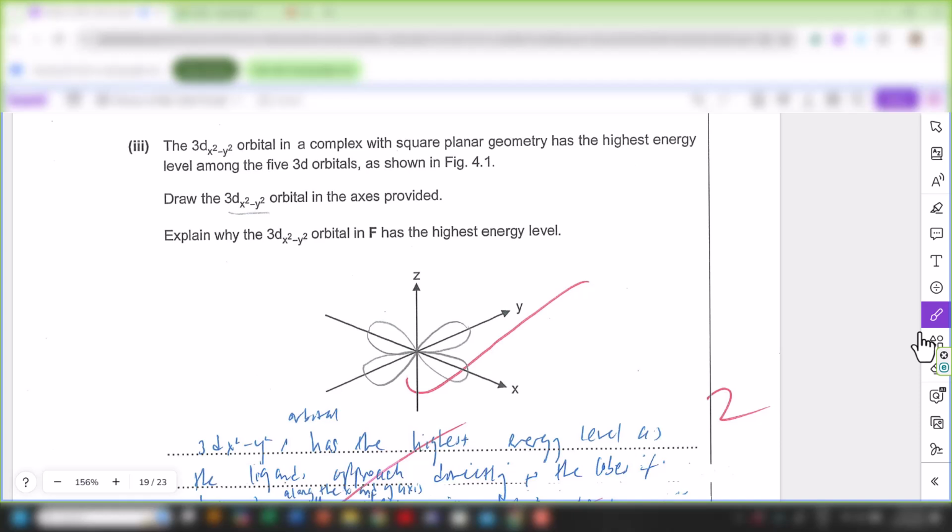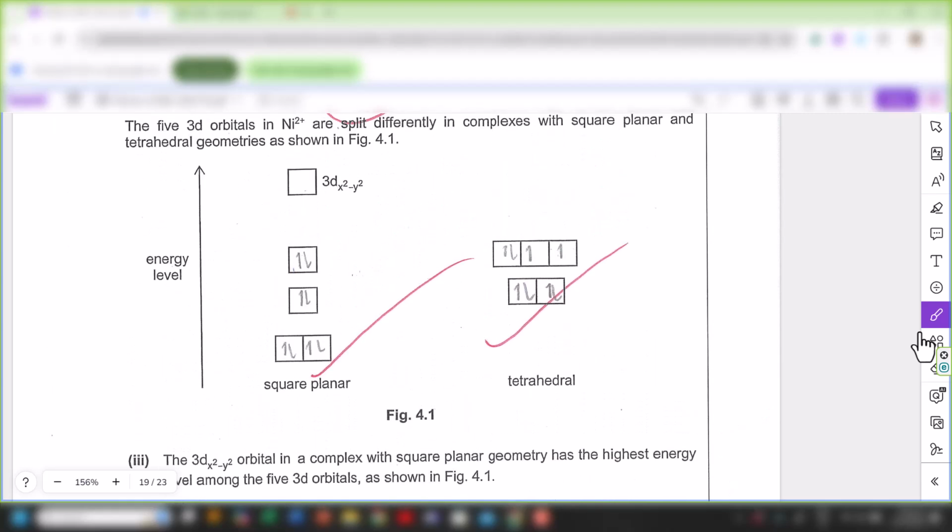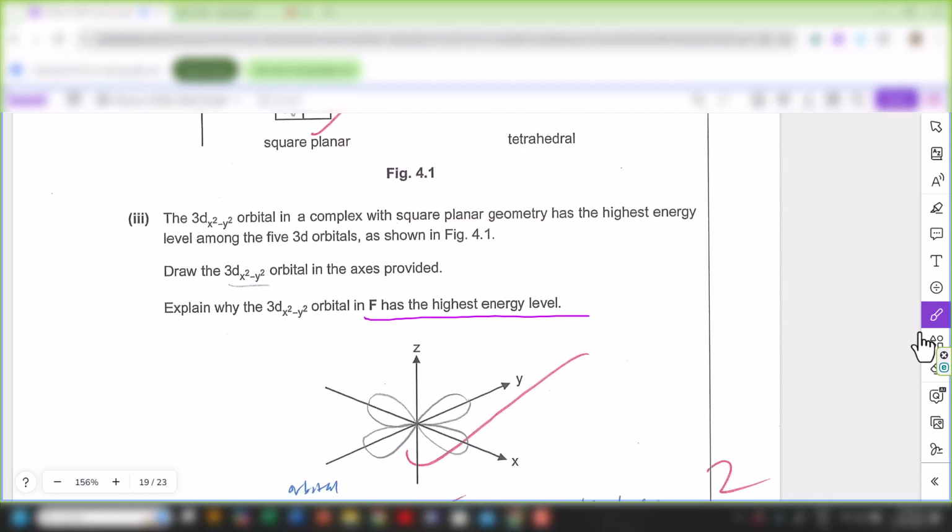Contextually, this question asks you why F has the highest energy. Okay. When you explain, don't give a generic explanation. Don't say things like, in general, orbitals lying along the axis will be repelled more because your ligand approaches from the axis. Don't give a generic explanation because the question here is not generic.